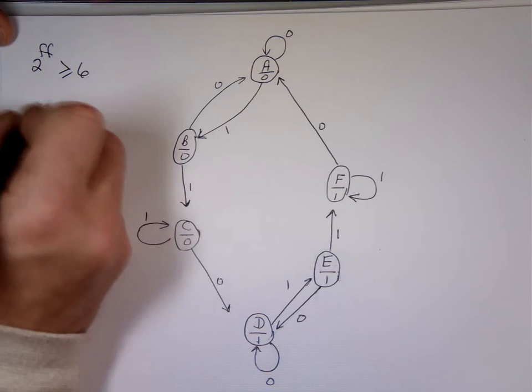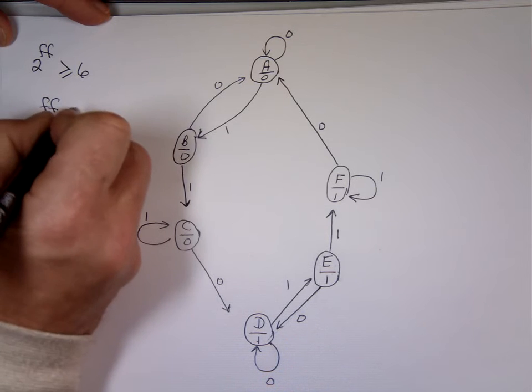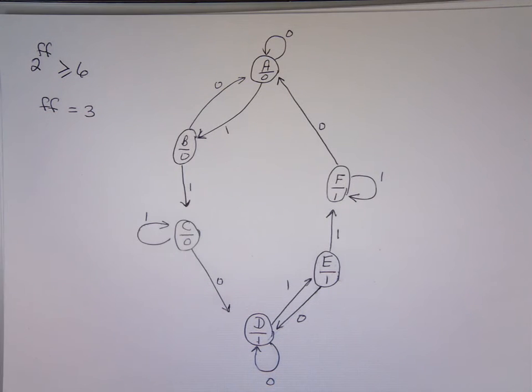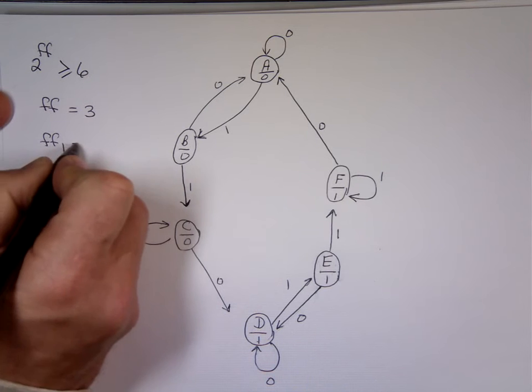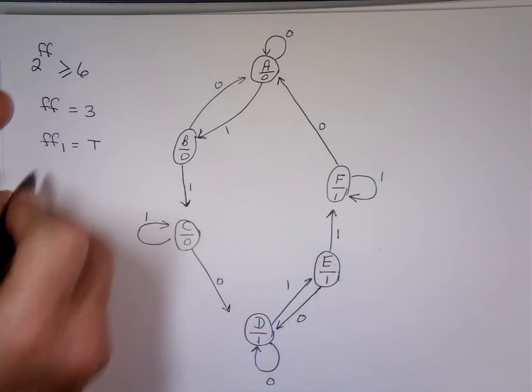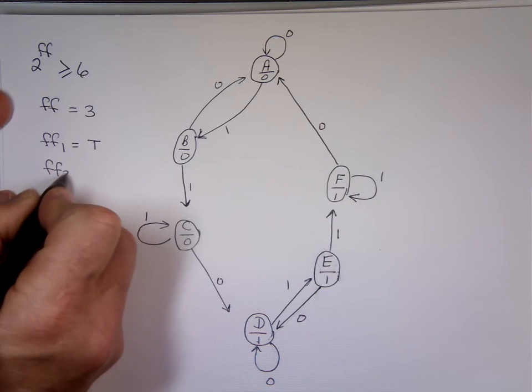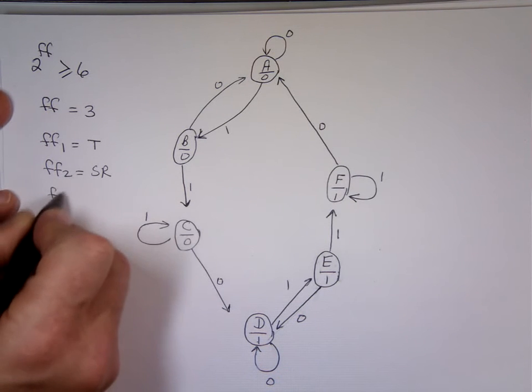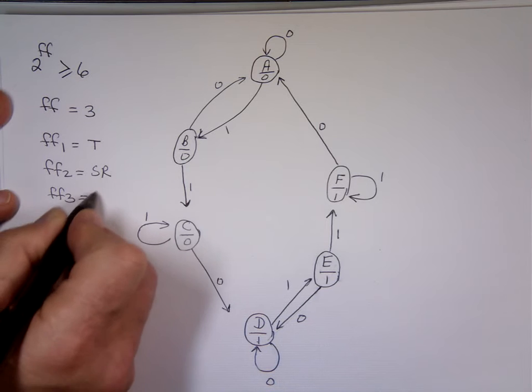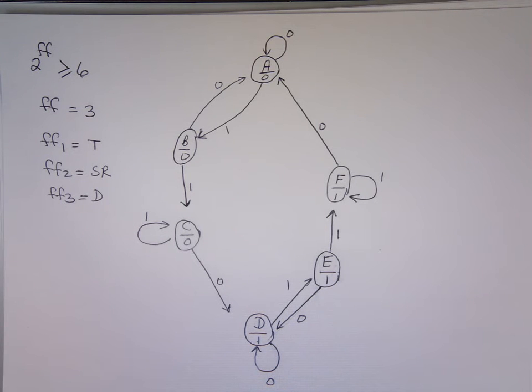No. So the number of flip-flops should be what? 3. And maybe what I'll do, for the first flip-flop, I'll use a T flip-flop, just to mix and match. Flip-flop 2, I'll use SR. And flip-flop 3, because we didn't touch any of them, I'll use D. So I'm trying to cover all of them in one.